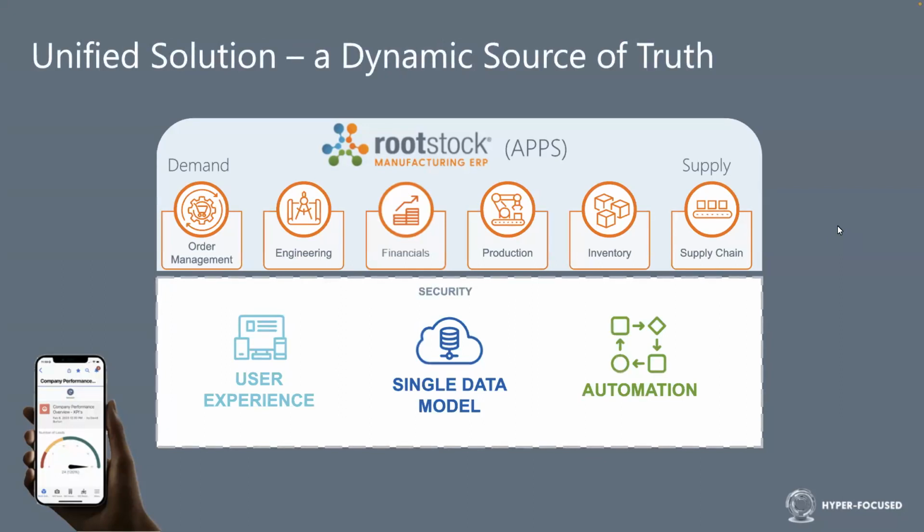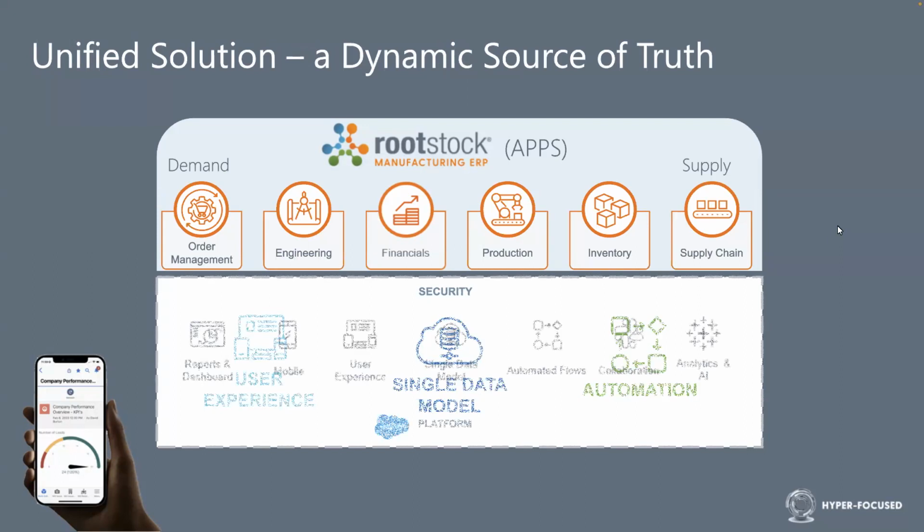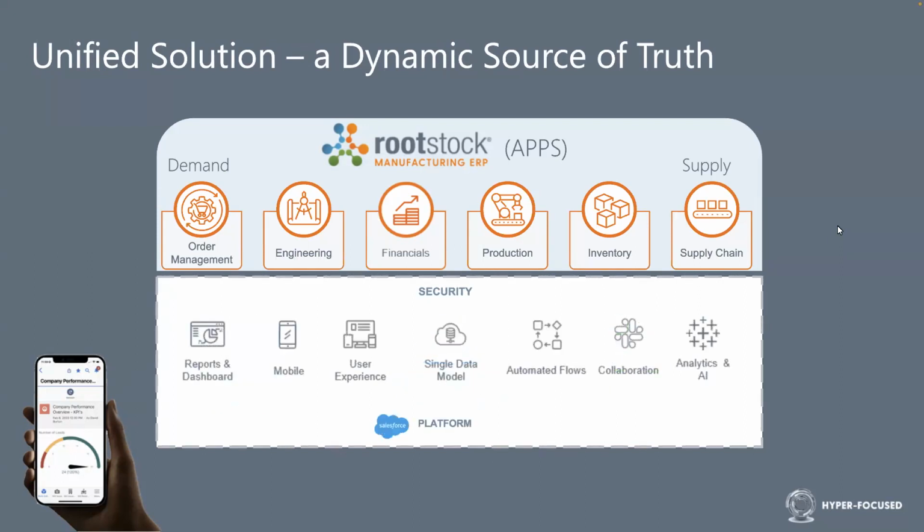Maybe you have it as a functional experience, or maybe it's defined as a user, but you've got that single model, the single model security, and then the automation that you expect from your smart device. And the underlying security is there as well. So you never have to worry about breaches and am I losing data here or there? Again, the platform has that security.